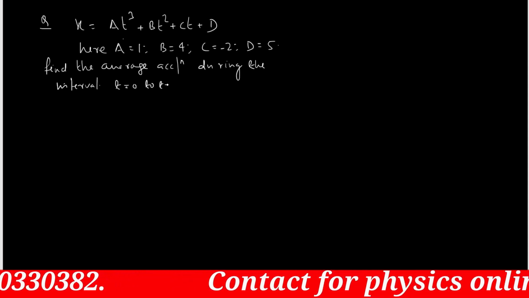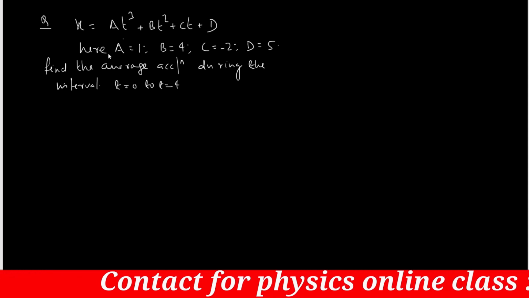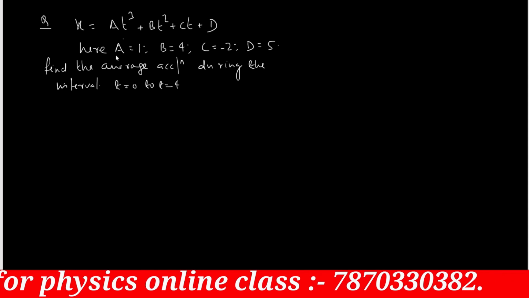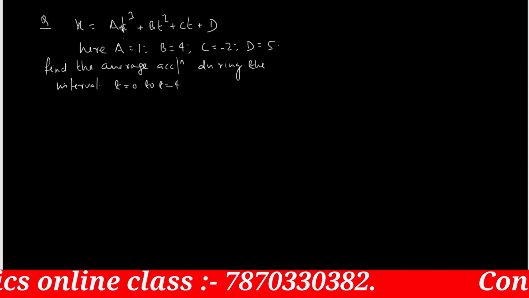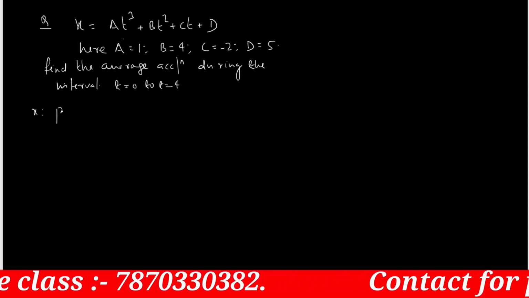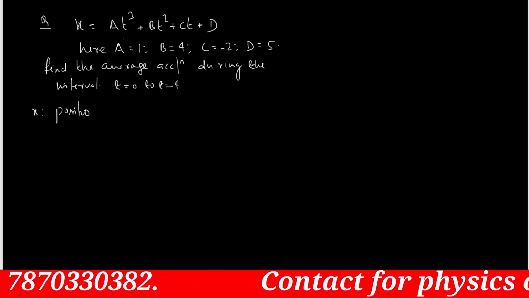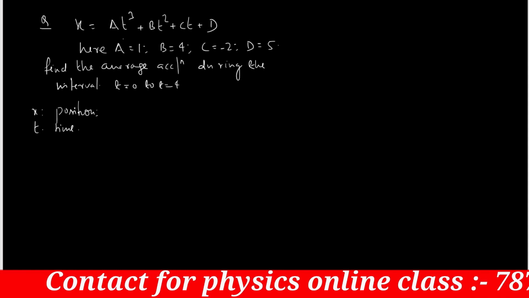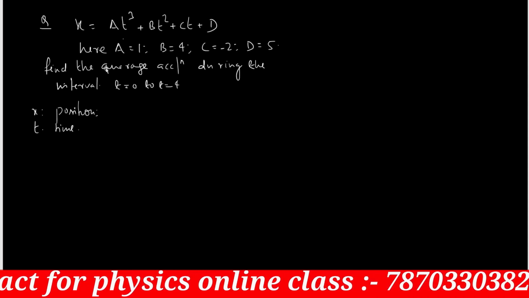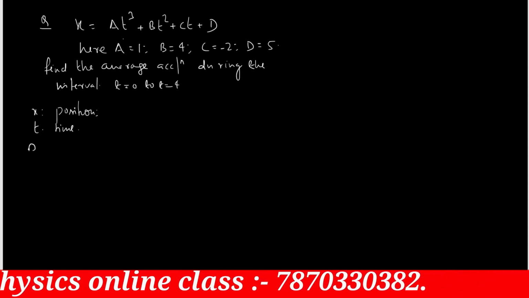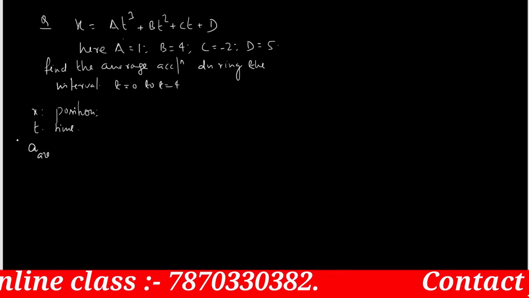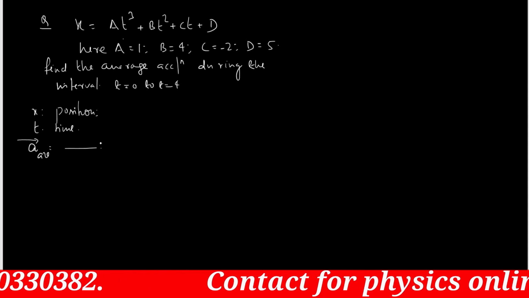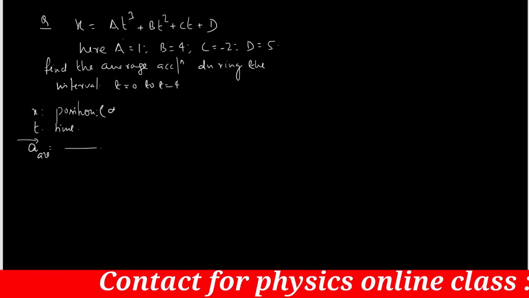These are constants, right? And I have to find the average acceleration. Is it safe for me to assume that x is displacement? Yes, you may imagine x is displacement. You may also understand displacement as a function of time.